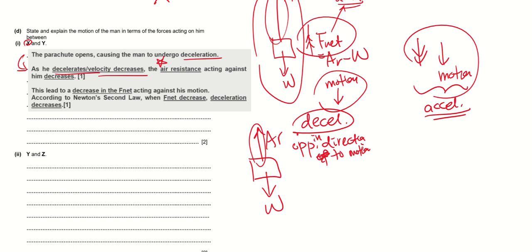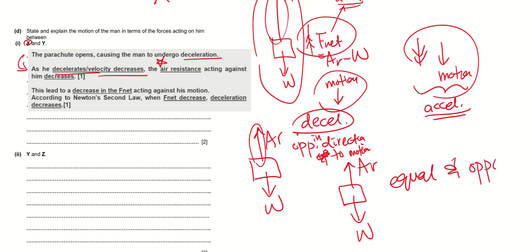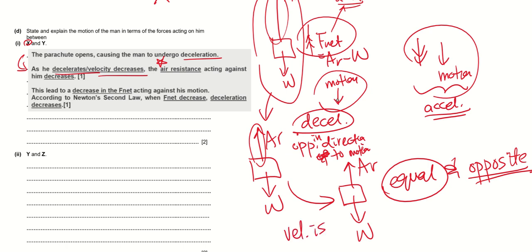His speed is decreasing, therefore air resistance is decreasing, and eventually W and air resistance will be equal and opposite to one another. They have always been opposite, but eventually they'll become equal because throughout this motion, his velocity is decreasing.